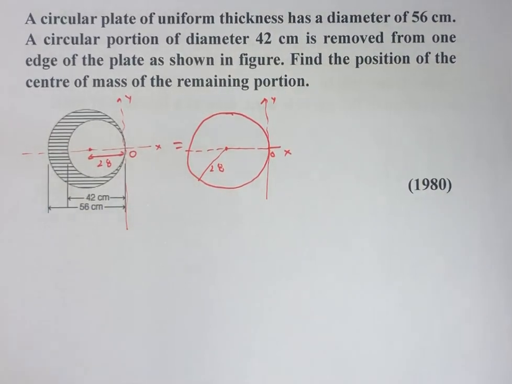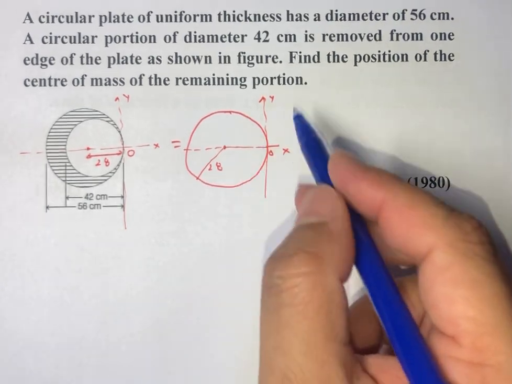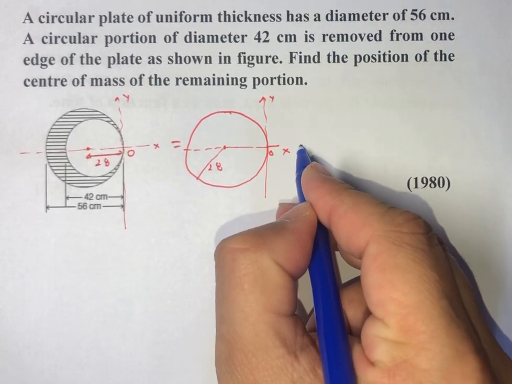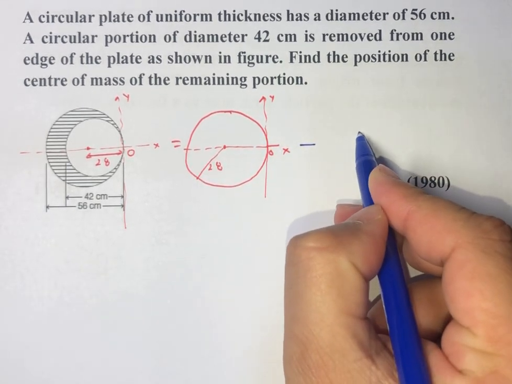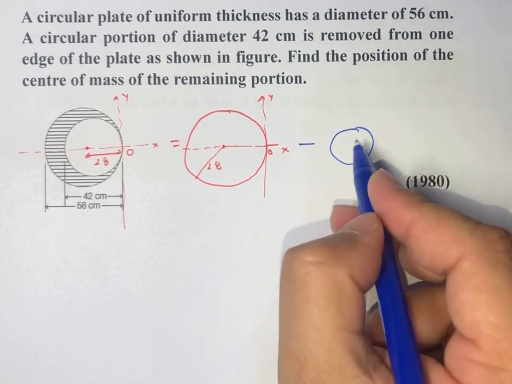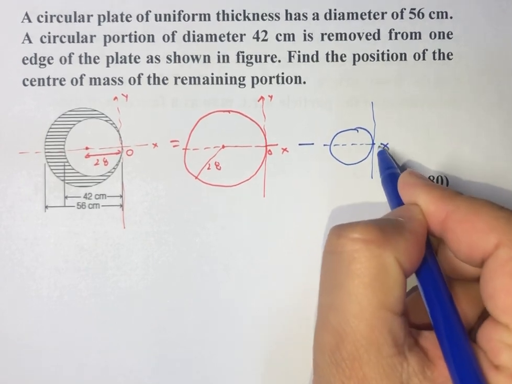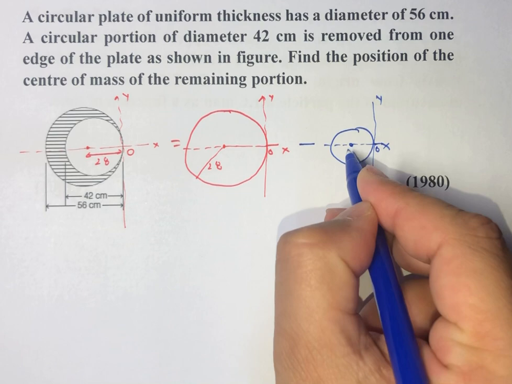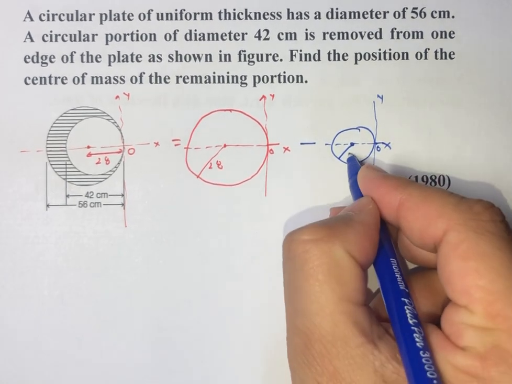This is the origin, and from this complete uniform circular plate, if we remove, that is subtract, a smaller disc which is on the same axis, this is x and this is y, having origin O, this is center and its radius is 21.